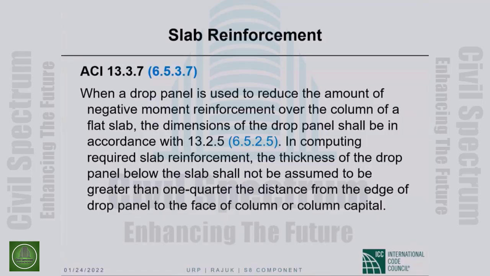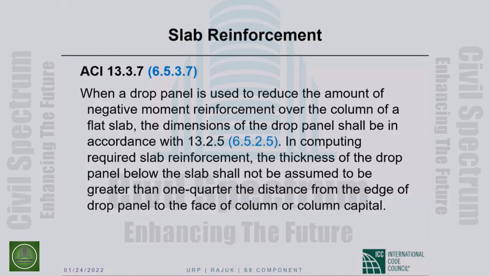So what sticks out below the slab cannot be any less than 1/4 the thickness of the slab. If you have more than 1/4, then this is saying that you will ignore the remainder. So the thickness of the drop panel below the slab shall not be assumed to be greater than 1/4 the distance from the edge of the drop panel to the face of column or column capital.